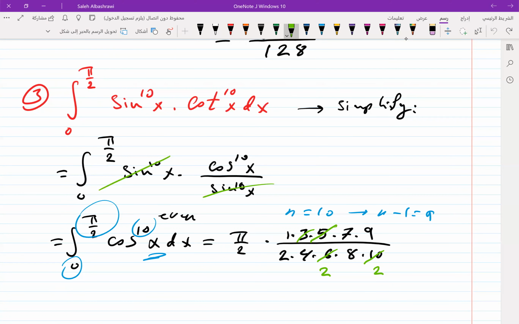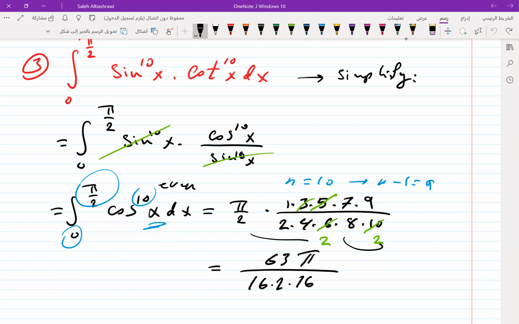So I'll have 7 times 9 is 63 pi divided by 8 times 16 is 128, times 2 times another 2, that will be 63 pi divided by 512.